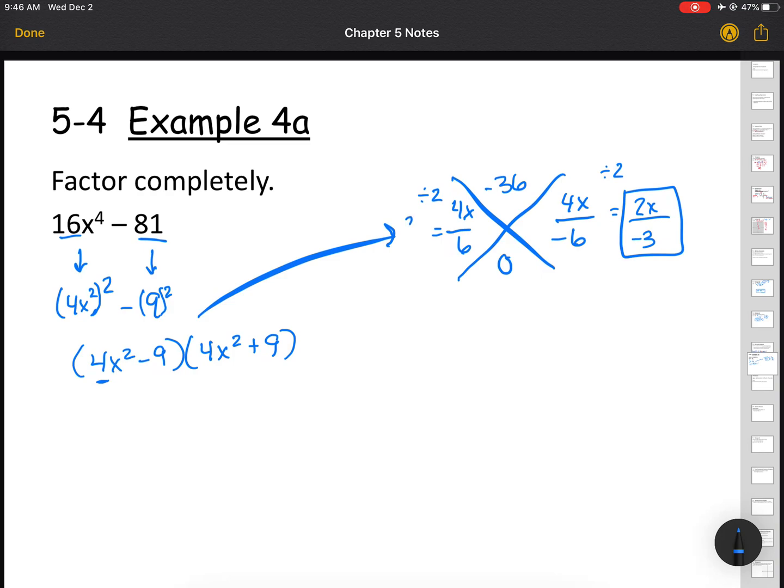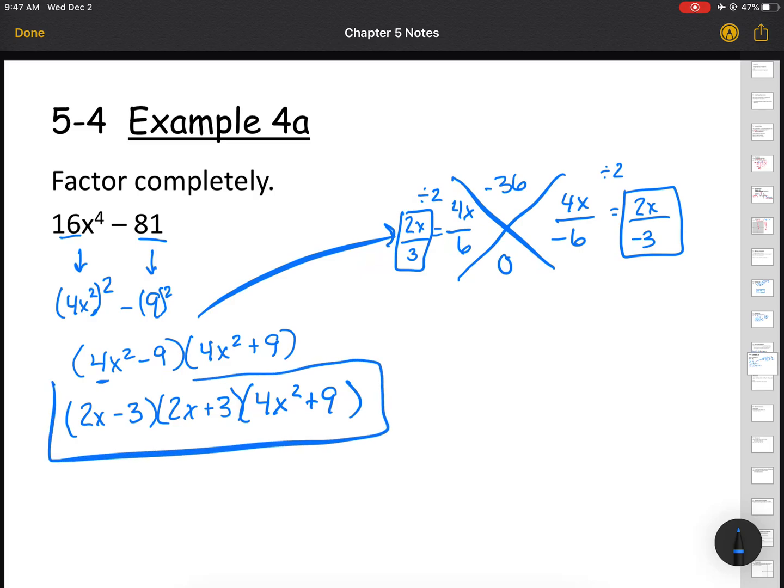And then 4 divided by 2 is 2x here, and 6 divided by 2 is 3 for this factor. So on this side, I have a factor of 2x minus 3 and 2x plus 3. Then I'm going to drop down my other factor I couldn't factor down anymore. So 4x squared plus 9. And here is that factored down all the way completely for that expression.